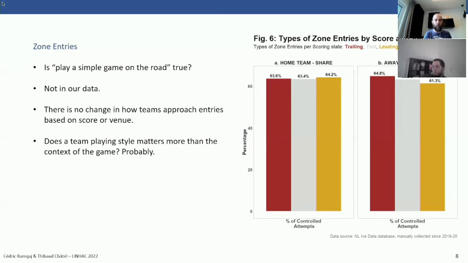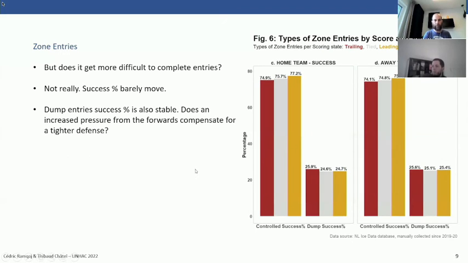Interesting fact is that away teams that are trailing are actually going to try more control attempts than when the game was tied. So the one assumption here is that the team playing style, the whole overall offensive mentality, the way they approach zone entries and the way they approach how to set up in the offensive zone, matters more than the context of the game here in how they approach the entries.